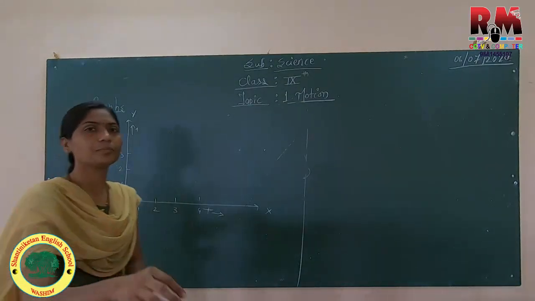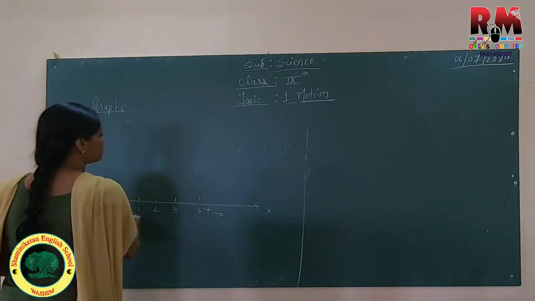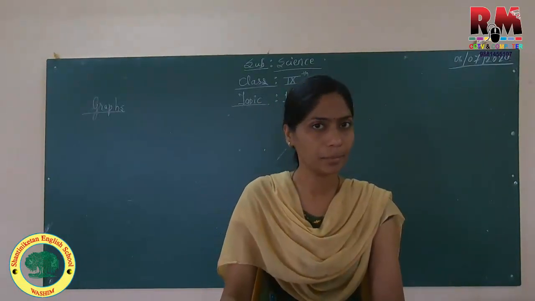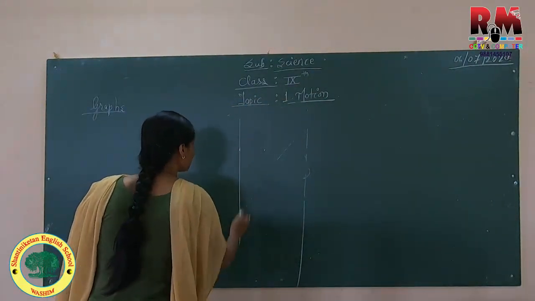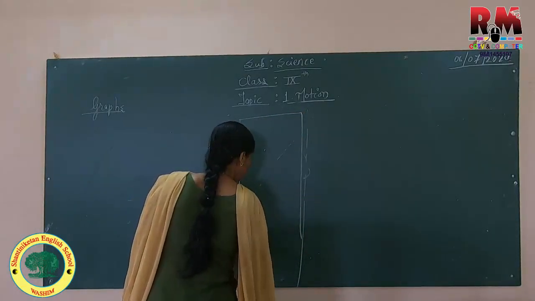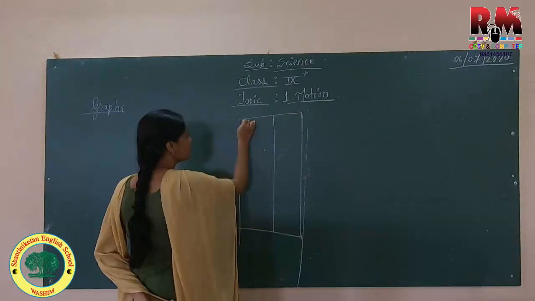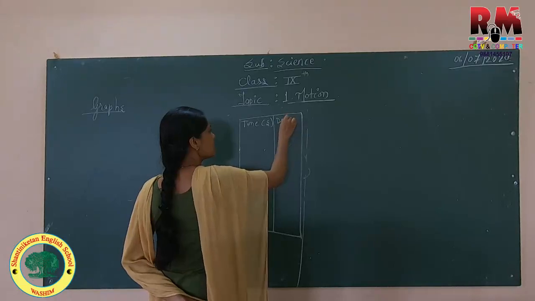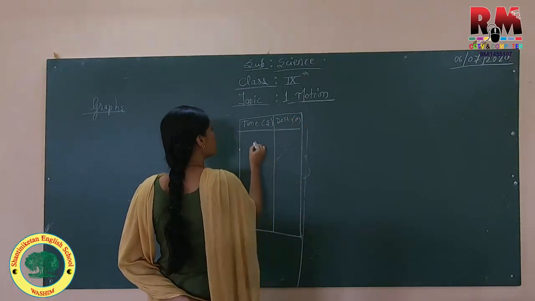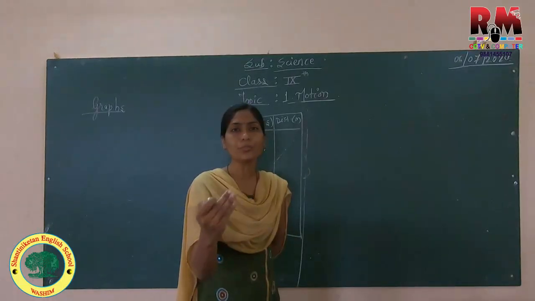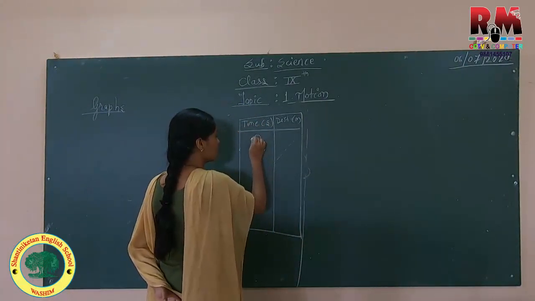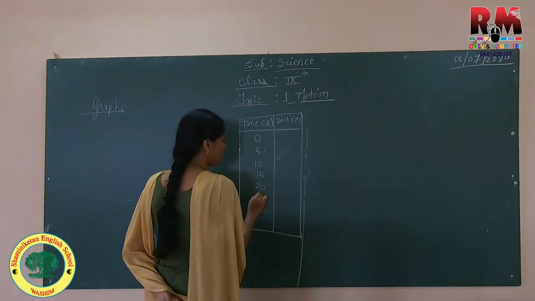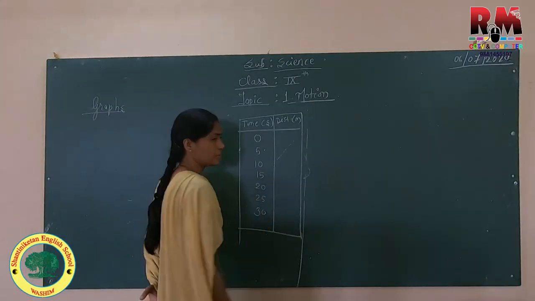Suppose a table is given to you related to distance and time. Here time is in seconds and distance is given in meter. A fixed interval of time is given to you, starting from zero: 5, 10, 15, 20, 25, 30.